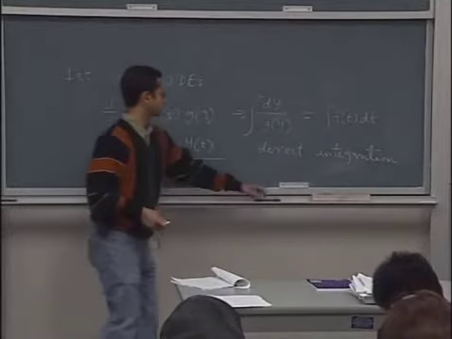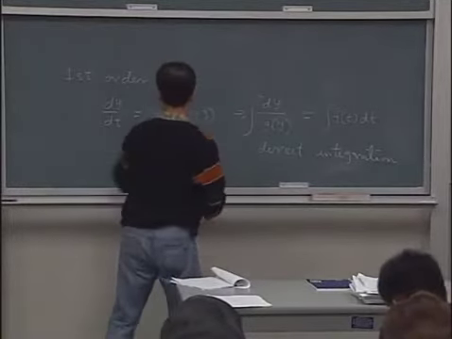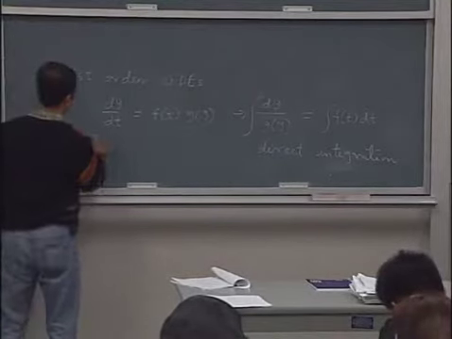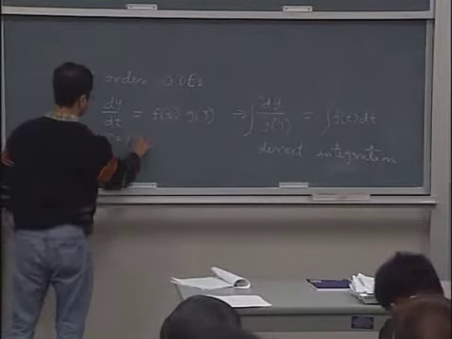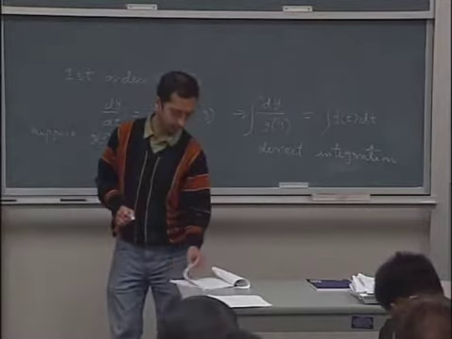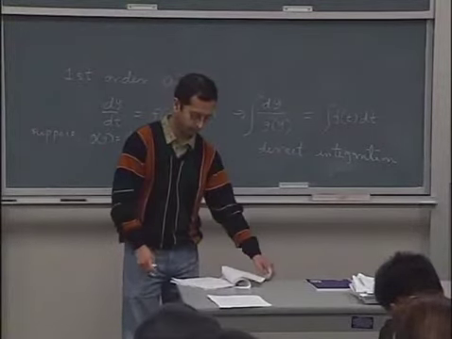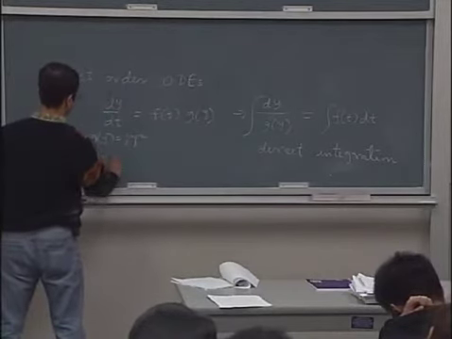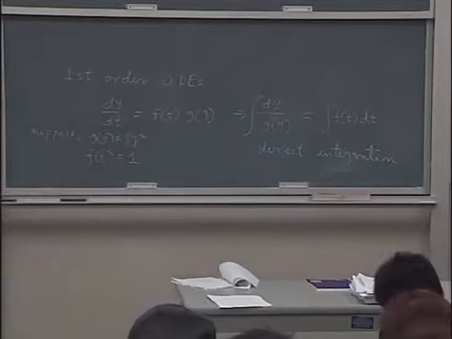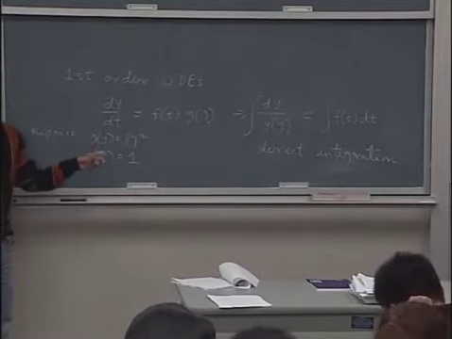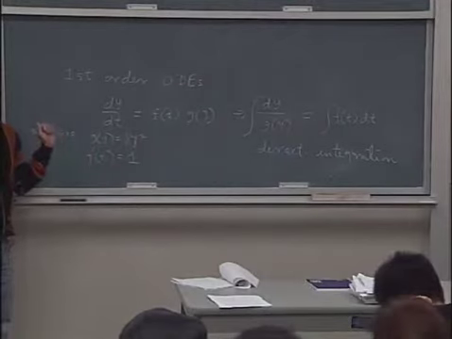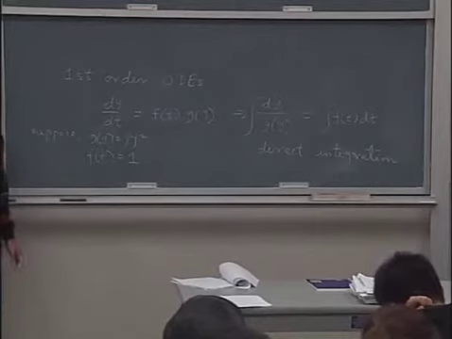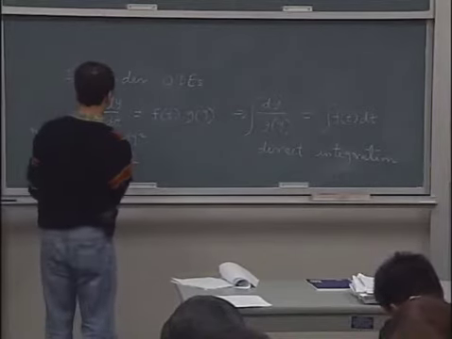Suppose your g(y) is 1 over y square, and f(t) is 1. Now, if you look at the equation, this is a nonlinear equation. Can you tell me why it's a nonlinear equation? Because of the y square.